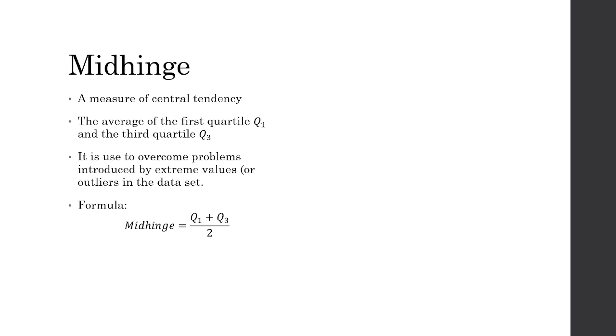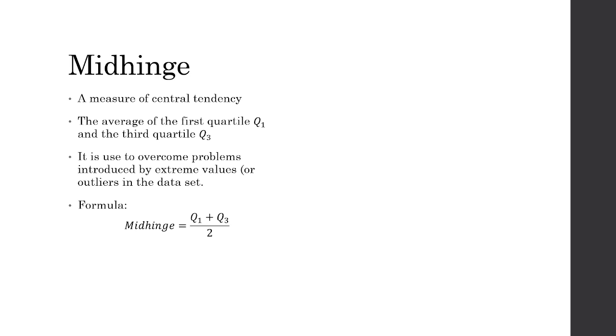Kasi at some cases, sabi nga natin, nagkakaroon tayo ng extremely small or extremely large values in comparison to the majority of our data. And to have a meaningful measure on how you can locate the center, we can actually use our mid-hinge by getting the average of the first quartile and the third quartile pala.